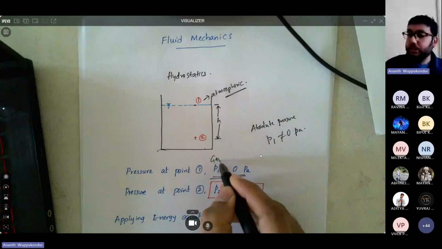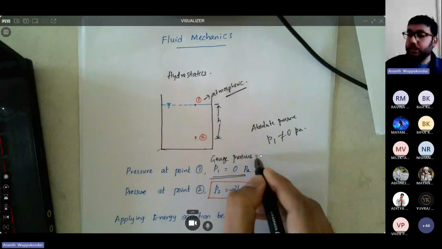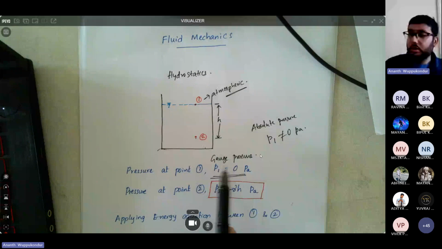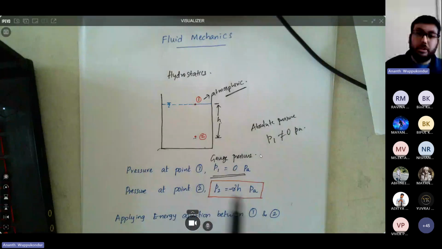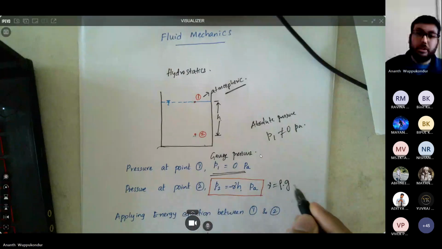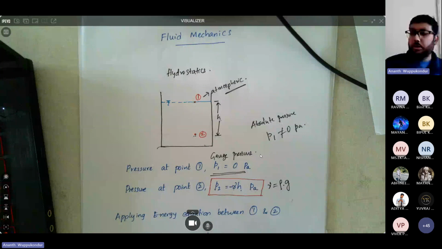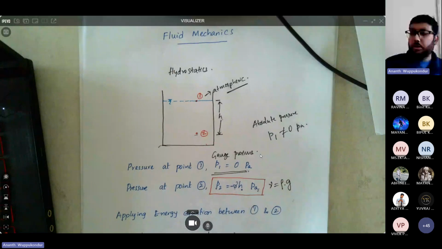Gamma is the unit weight, which is density times gravity, multiplied by the depth h. The unit of pressure is Pascal, so that's important to represent. You can derive this pressure at point 2 by applying the Bernoulli equation or the energy equation between points 1 and 2.